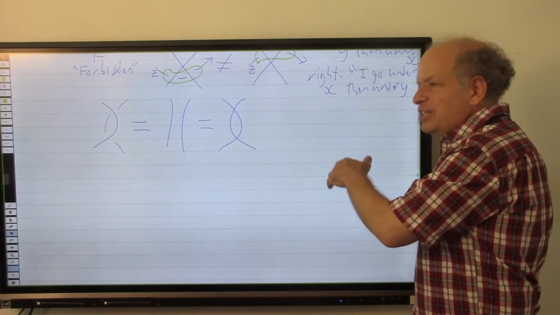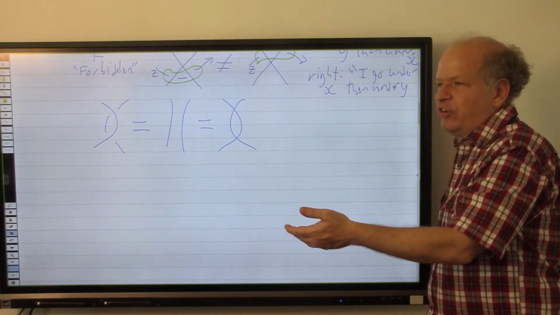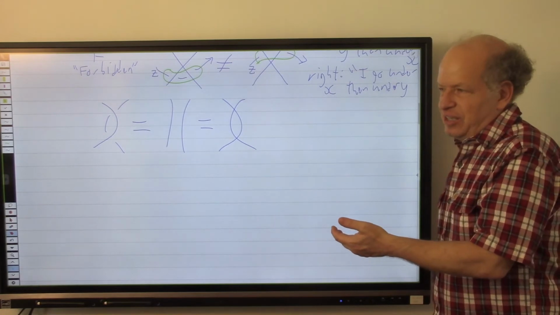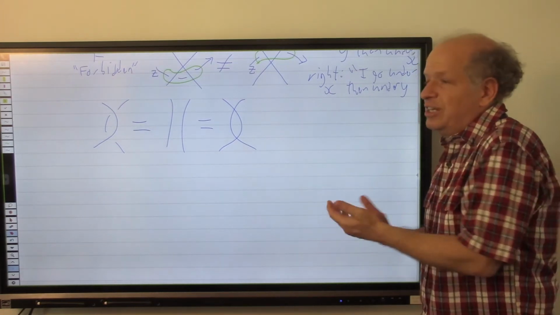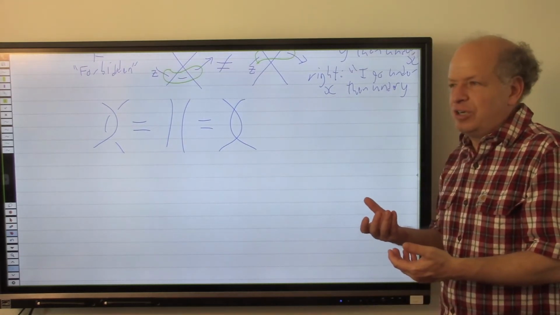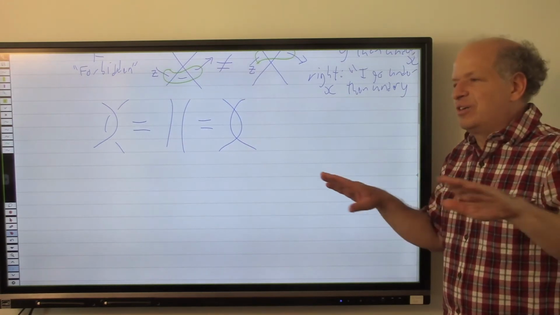If you extend the definition of a knot, you get a different collection of finite type invariants. So there is actually a theory of finite type invariants for virtual knots, and it's not the same as for ordinary knots, and it has its advantages and disadvantages, and I really can't go there.